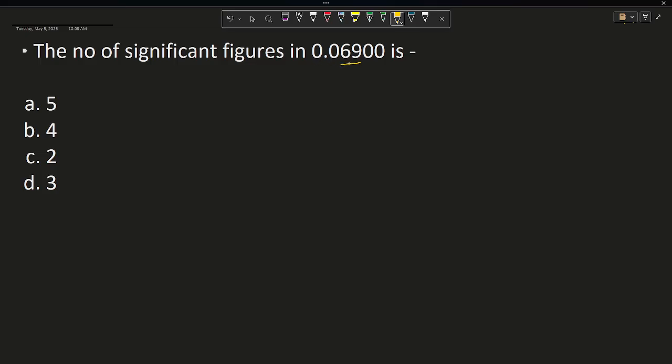Before the non-zero digit, these two zeros are known as preceding zeros. So you have to remember that preceding zeros are not countable.